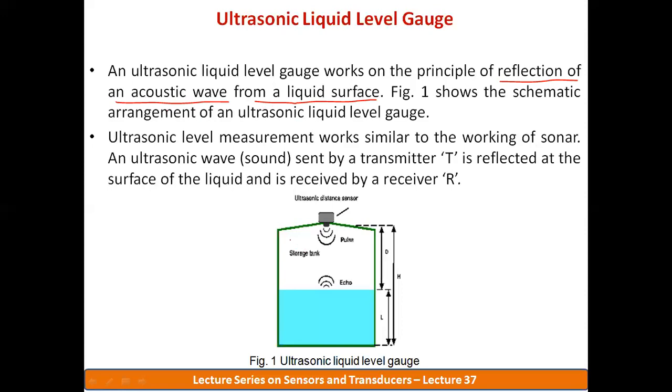The figure shows a container with height H, and there is a liquid filled in it up to the level L. H minus L will give us the value of D. So D gives us the information of the liquid level, or L will also give us the liquid level.